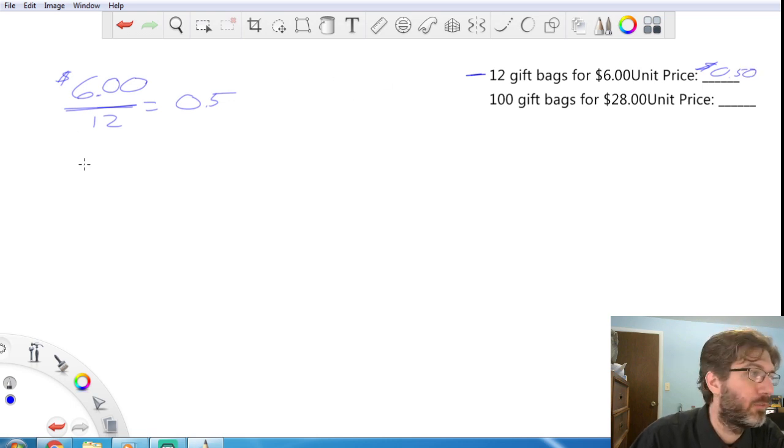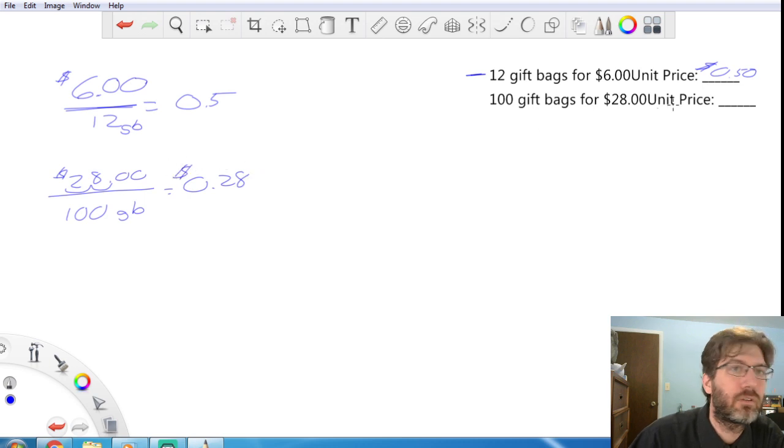And then you have $28, I guess this is for 100 gift bags. And when you divide that, you just move your decimal point twice, once, twice. So this is 0.28. And then you compare your price, which one is cheaper. That is your better buy. I guess I didn't do that in red, but this one is your better buy.